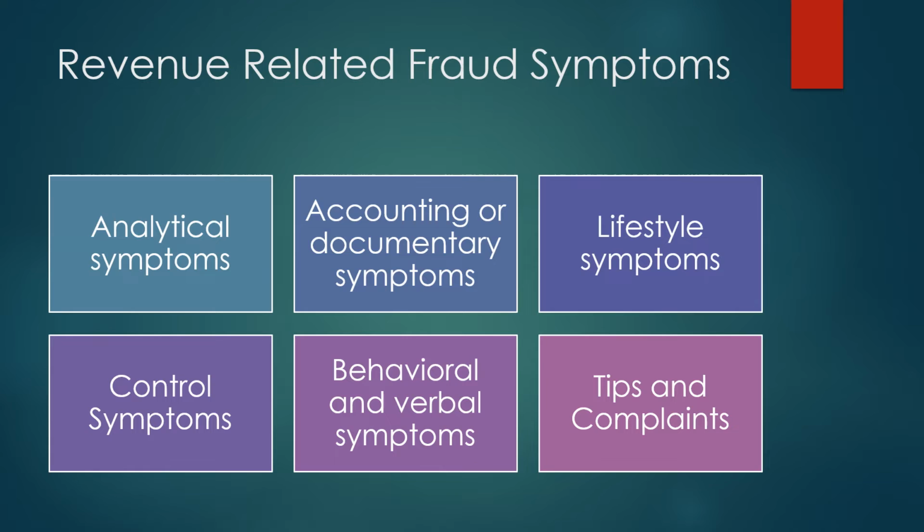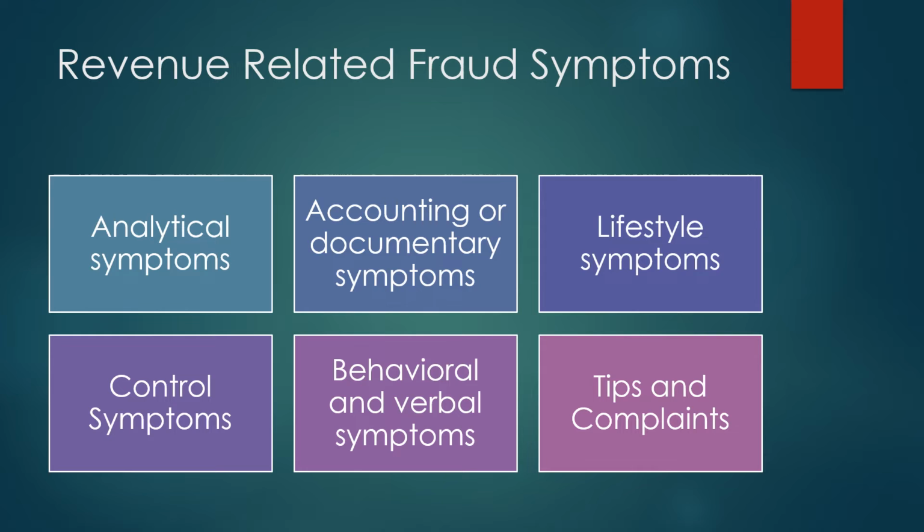After all schemes have been examined, scheme-specific symptoms, or so-called red flags, can be explored. They are analytical symptoms that relate to the term too good to be true records. Accounting or documentary symptoms mean missing documents, photocopies instead of originals, ledgers that don't balance.